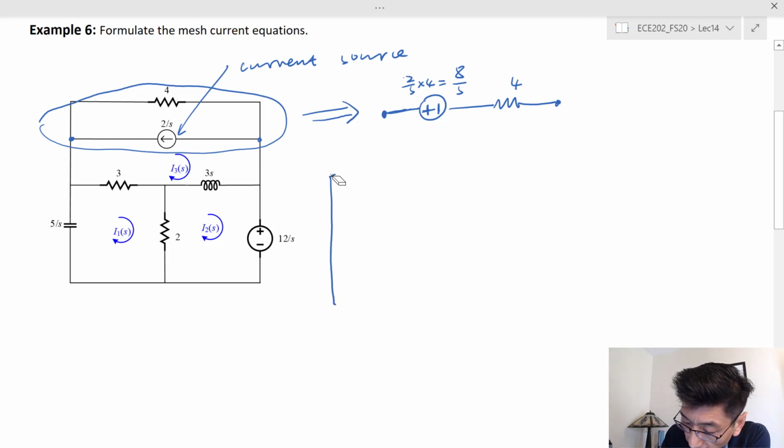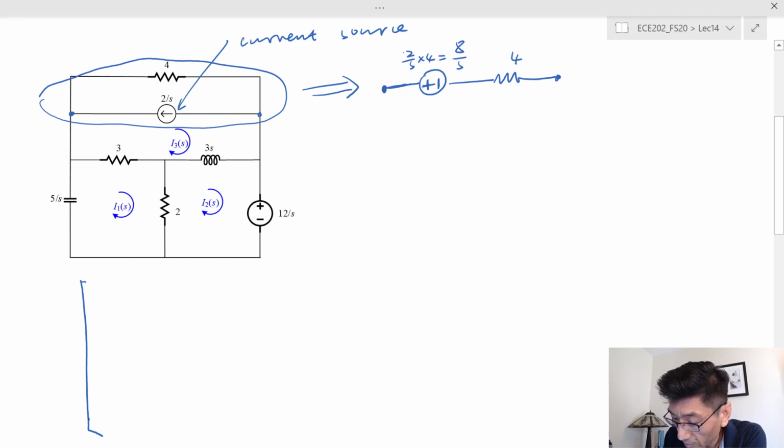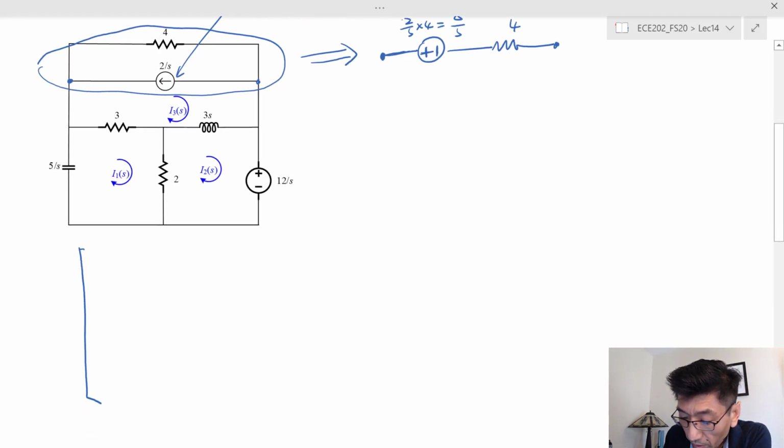Remember, let me maybe start here, so I get a little bit more space. In this case, the diagonal elements are the sum of the impedances, right? In mesh 1, we still have 5 over s plus 3 plus 2.